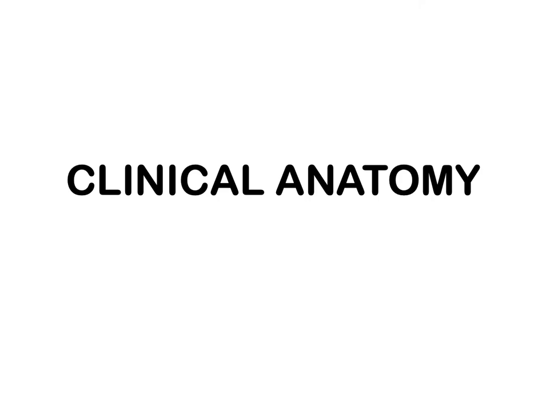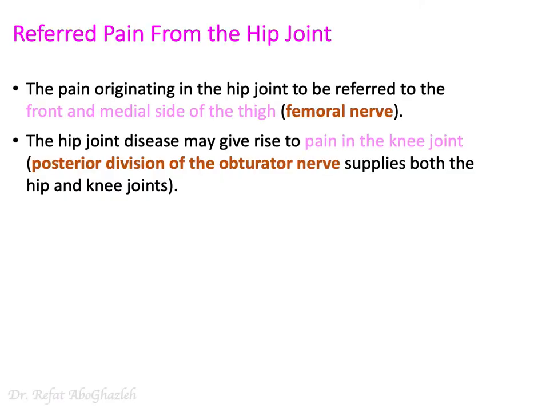Just to show you a couple of things related to clinical anatomy, I mentioned earlier that the femoral nerve and obturator nerve as well participate and innervate the hip joint, and they also innervate the knee joint. So pain originating in the hip joint can be referred.